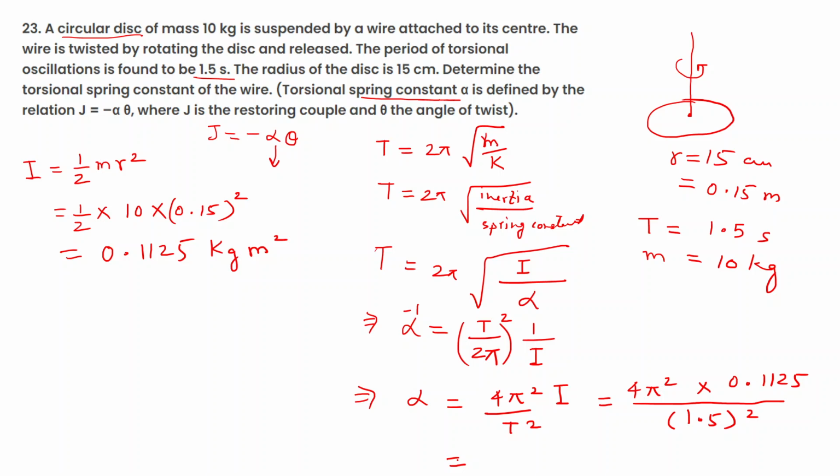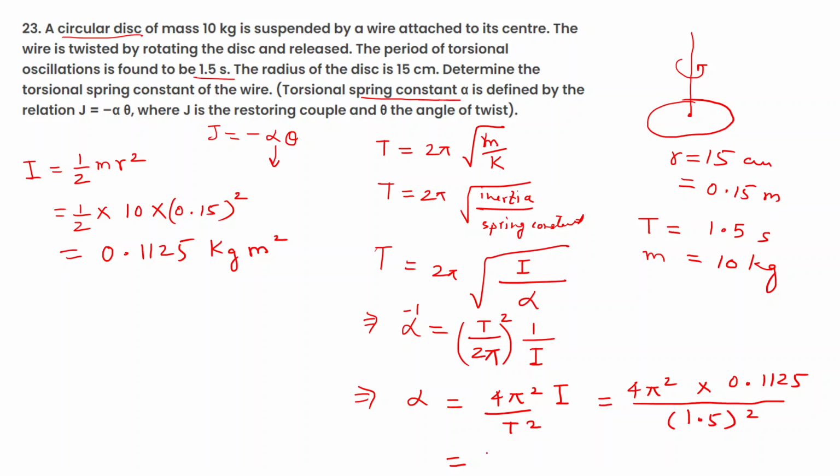The final value we'll get is 4 times 3.14 squared times 0.1125 divided by 2.25.